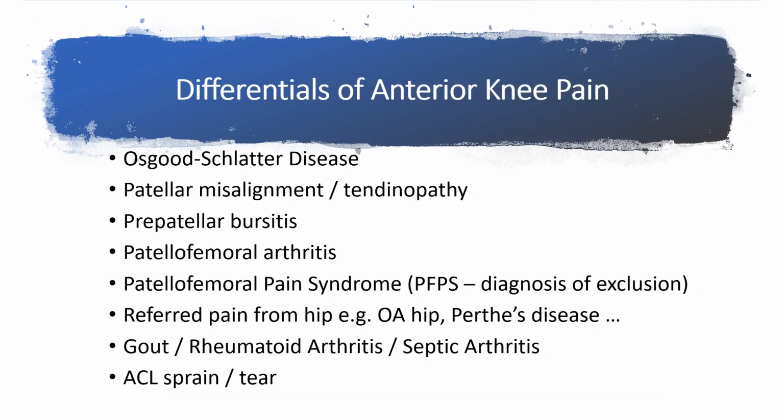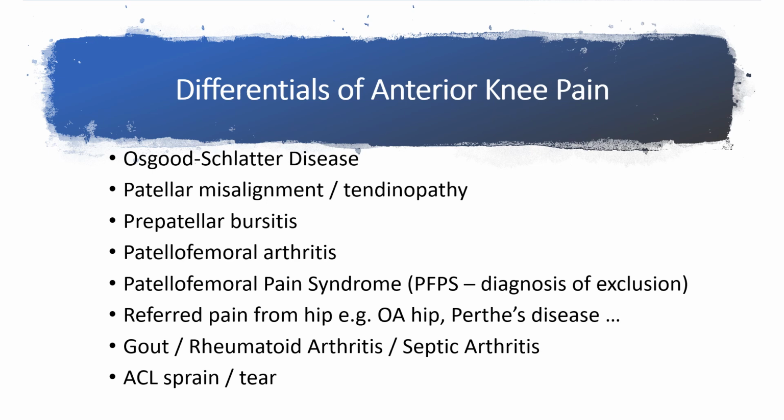So when thinking about anterior knee pain, we mentioned Osgood-Schlatter's disease. This is the problem where it's inflamed just where the quadriceps tendon inserts into the lower tibia, the tibial tuberosity. Common in teenagers, lasts for a few months, and then tends to disappear again. We talked about the patella. You get misalignment, or particularly the tendon of the quadriceps going over it can cause pain.